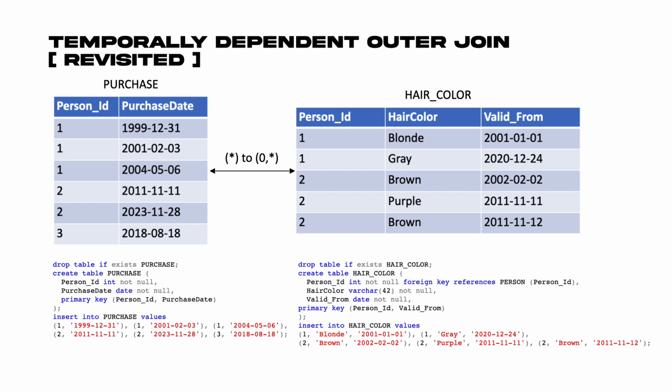So we have a situation where for each person we have many dates, and many hair colors in the hair color table. But the question here is, what was the hair color at the time of each purchase date for these persons? So for person 1, there will be 3 different hair colors because this person has made 3 different purchases at 3 different points in time.